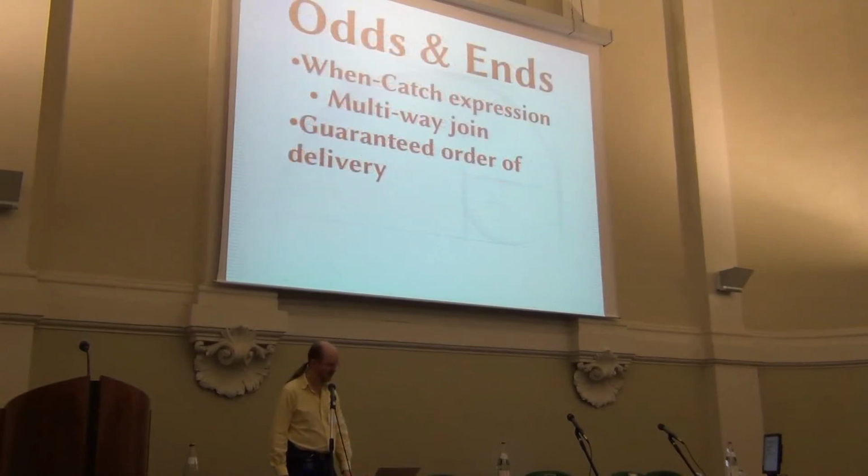I'll just talk about a couple of odds and ends that round things out a bit. There's also a when-catch type of construct that you can use to set up a handler for what happens when a particular promise is resolved. The when part is executed if it resolves to an object reference, and the catch part is executed if it becomes a broken reference.